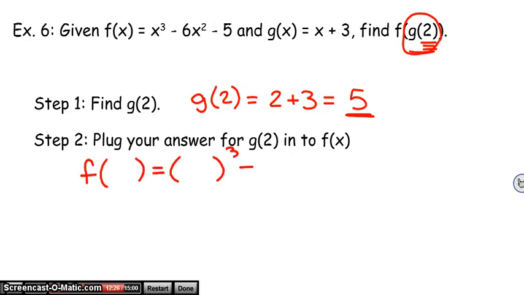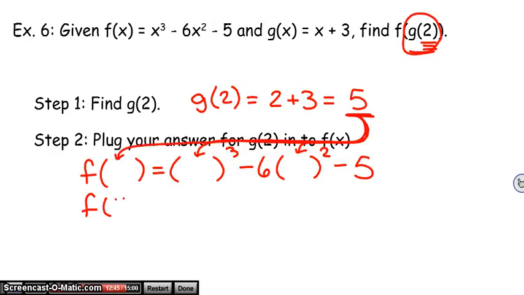X cubed minus 6x squared minus 5. And what we have to do is take what we found g of 2 to be, which was 5, and plug that into every place where the x was. So f of 5 is equal to 5 cubed minus 6 times 5 squared minus 5.